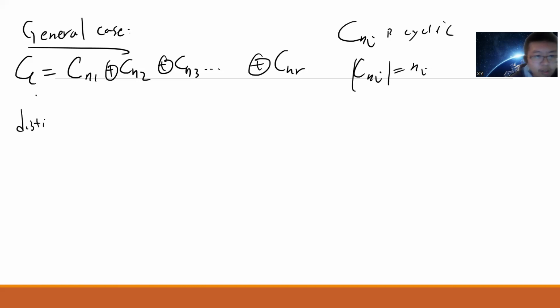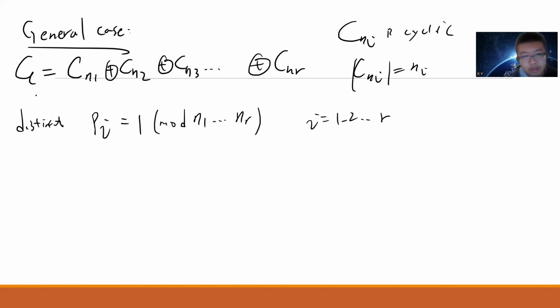Now we can find distinct primes pi such that pi is 1 mod ni. Since there are infinitely many such primes, we find r distinct ones.